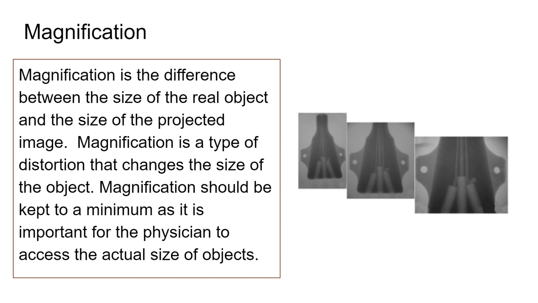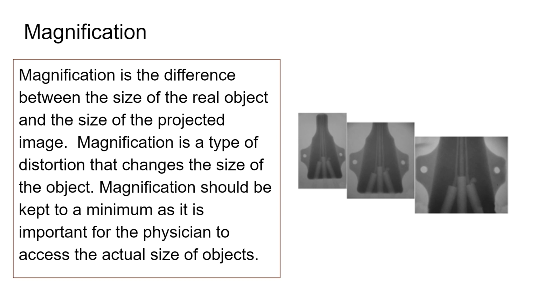Some of the things that affect magnification that we've talked about in the lab or that you may have read about already are SID and OID. So when SID is decreased, magnification increases. That's why we like to have a longer SID rather than a shorter SID. And with OID, it's the opposite.